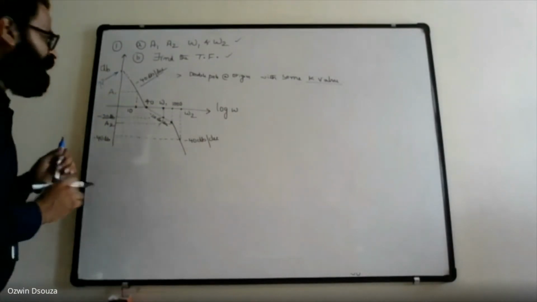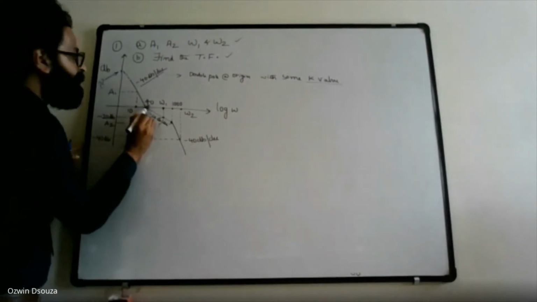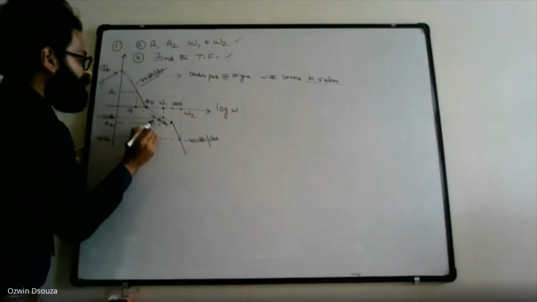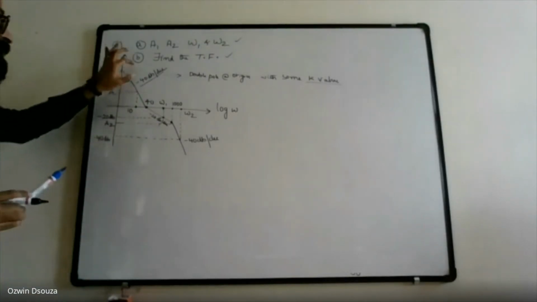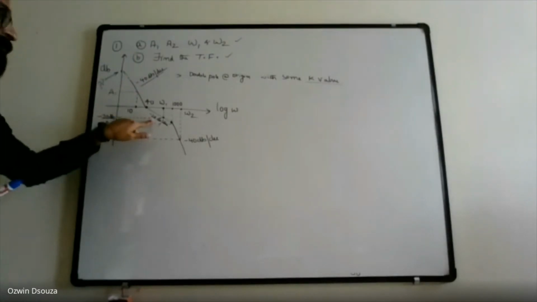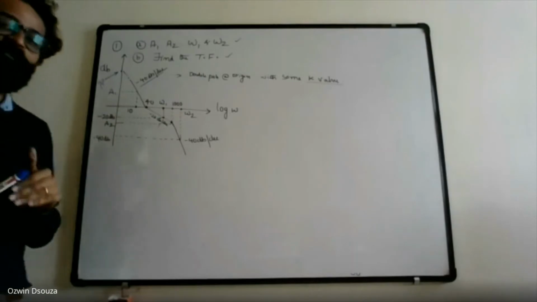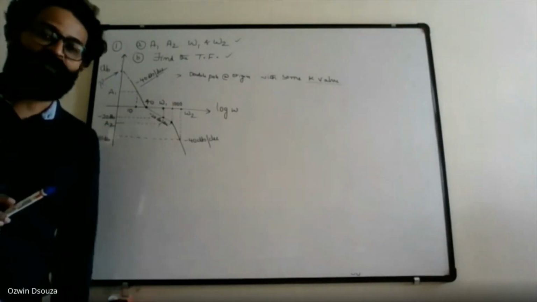Okay. Now you can see that at omega equal to 40 radian per second, the slope is changing to minus 20 decibel per decade. Your previous slope is minus 40 and the current slope is minus 20 decibel per decade. So to get minus 20 decibel per decade, how much you have to add? You have to add plus 20 decibel per decade.